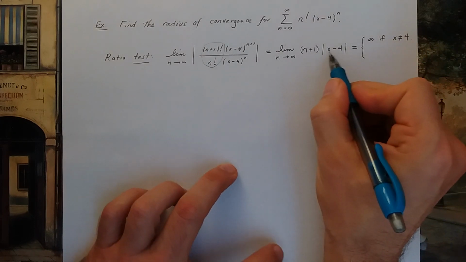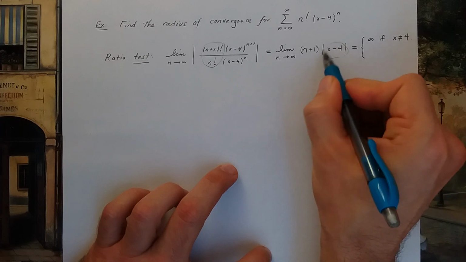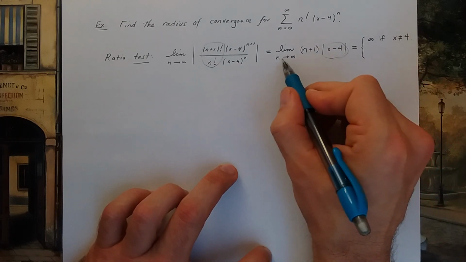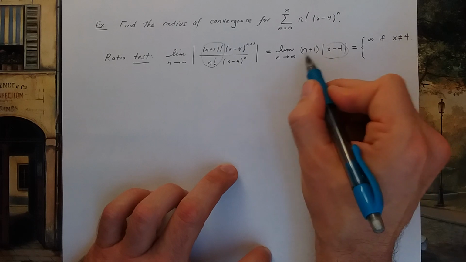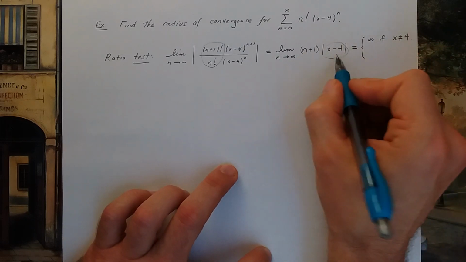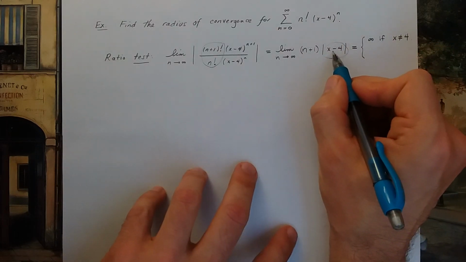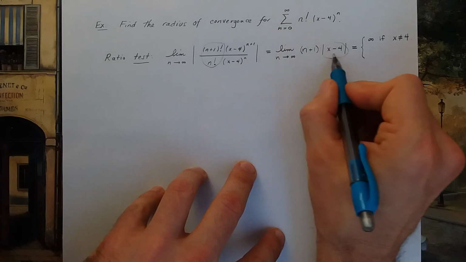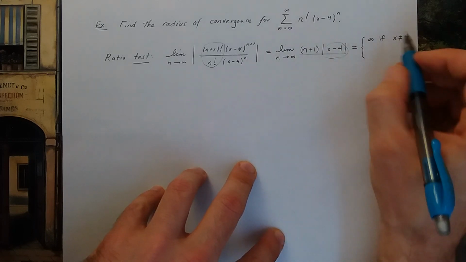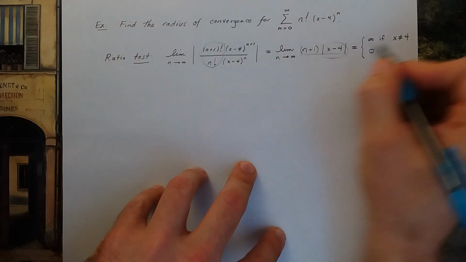Because if x is any number other than 4, this is a positive quantity, and then you have the limit of a positive number times n plus 1. That's infinity. The only possible case when this thing converges is if x happens to equal 4.